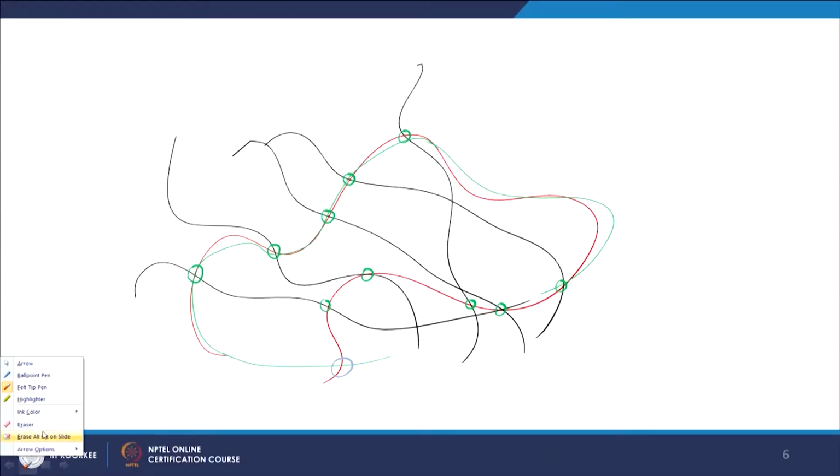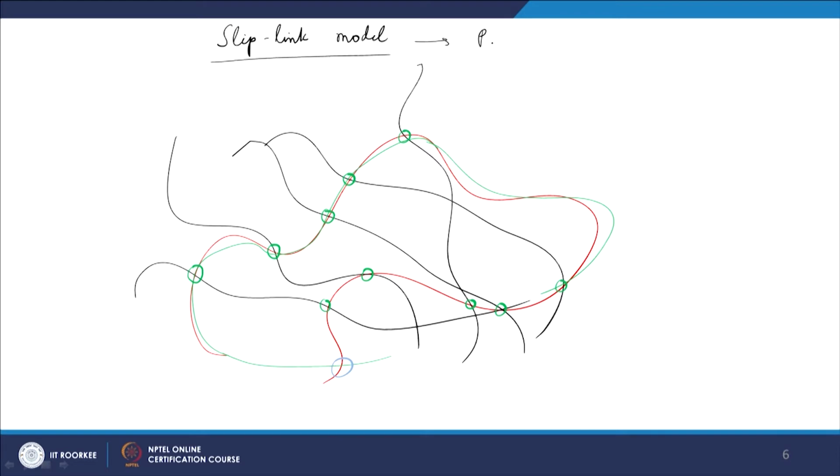Okay. So, this model is called the slip link model. The polymer chain moves through slip links or rings.